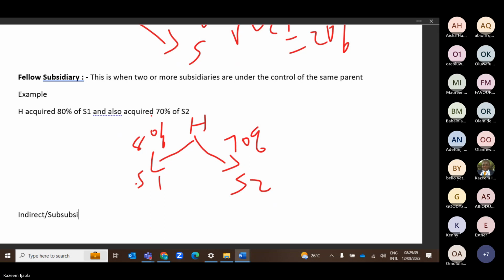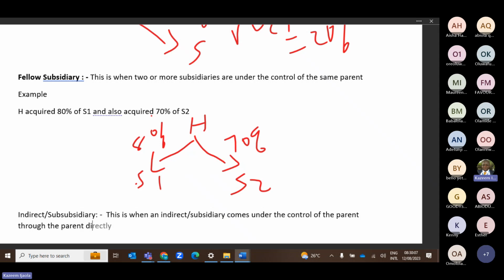Then the third one is indirect subsidiary. This is when an indirect subsidiary comes under the control of the parent through the parent's direct subsidiary.